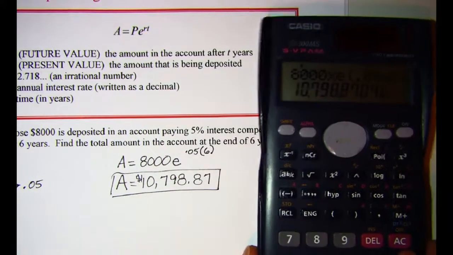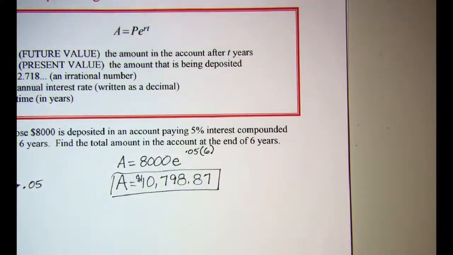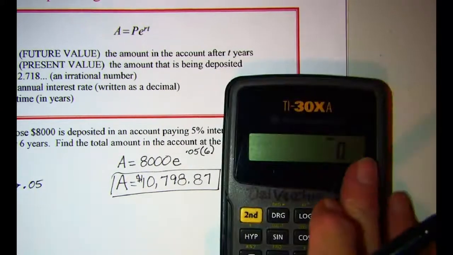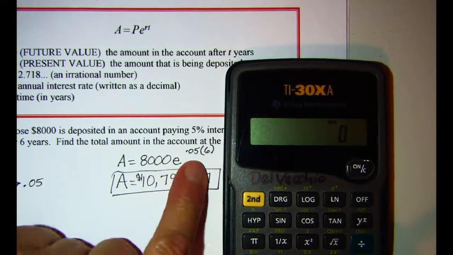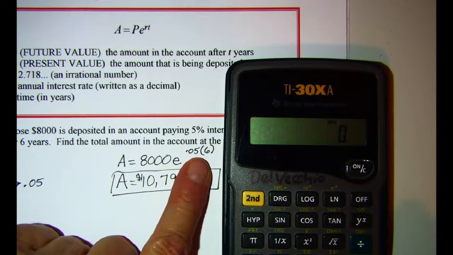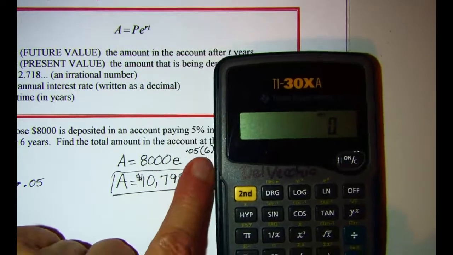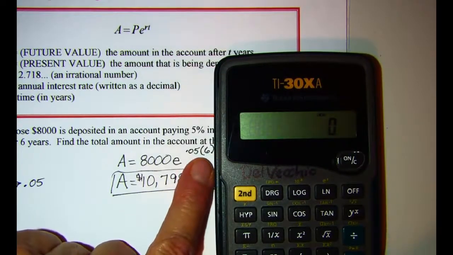And we can use our other calculator and make sure that we know how to use this one. So again, on this one we have to work backwards. So we're going to do the exponent first. 0.05 times 6 equals.